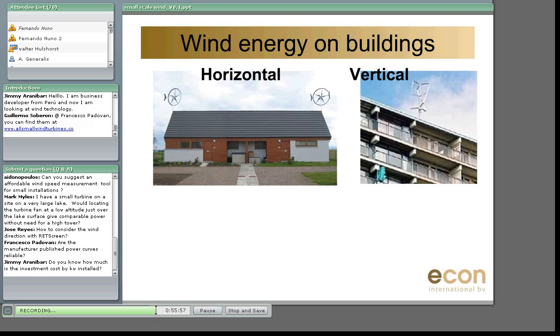In general, I would say if you talk about larger wind turbines, the cost is lower per kilowatt than the smaller ones. So in general, the 4 to 5 euros is still the price which can be used nowadays.